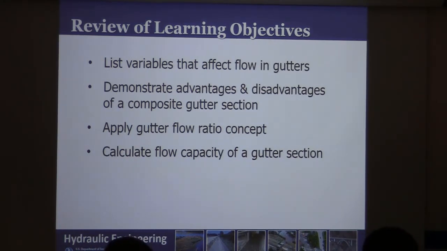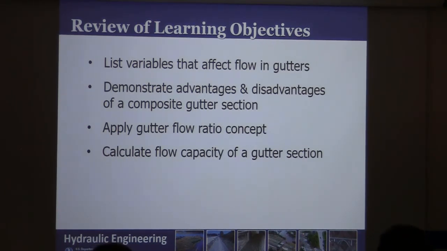What are some of the others? What's the width of your gutter? The gutter flow ratio? Yeah, we said longitudinal slope, cross slope, grade, width, the gutter flow ratio, your frontal flow, yeah, all of that.